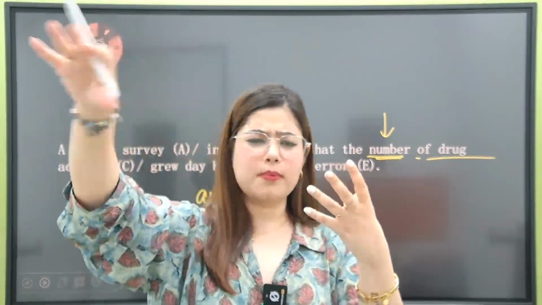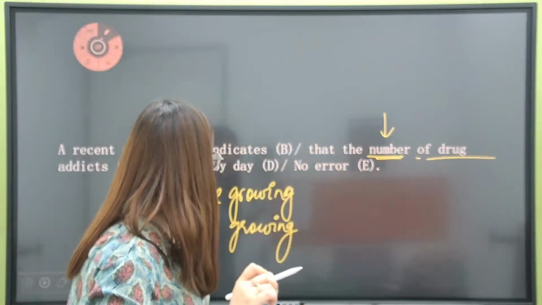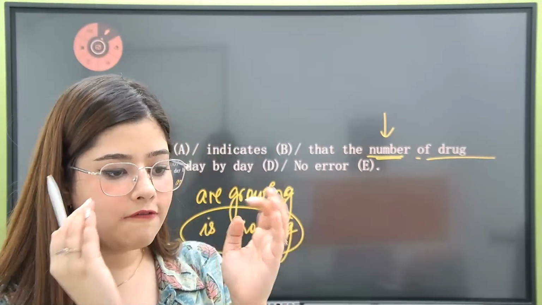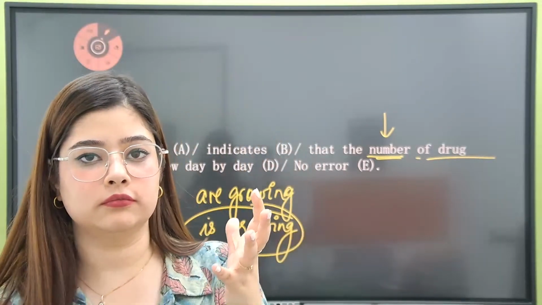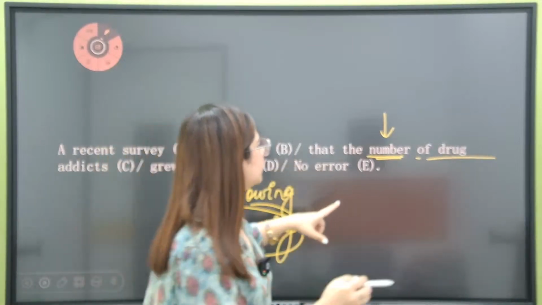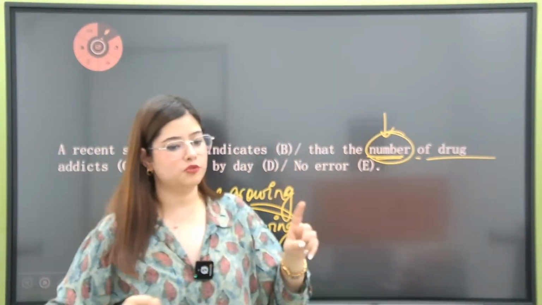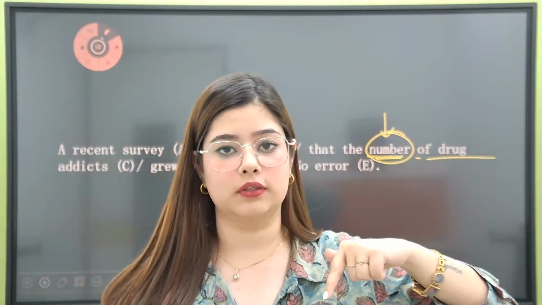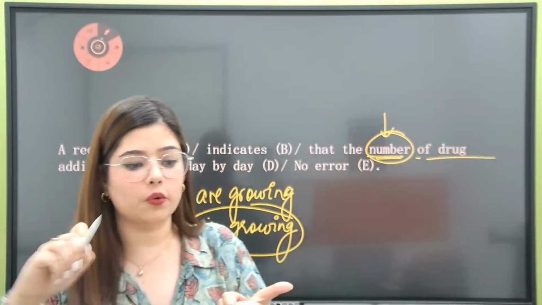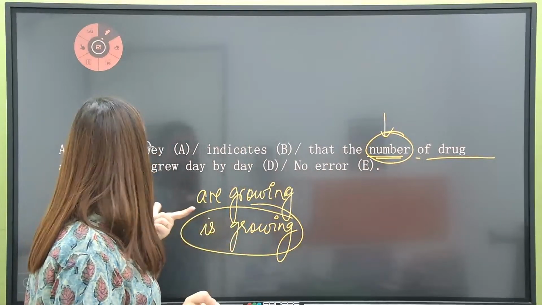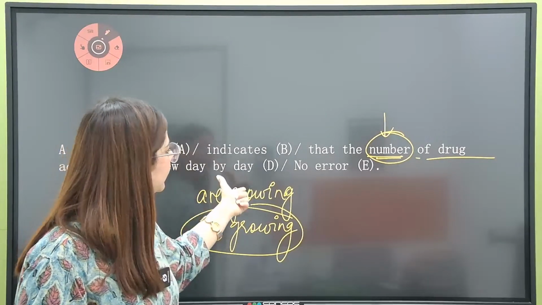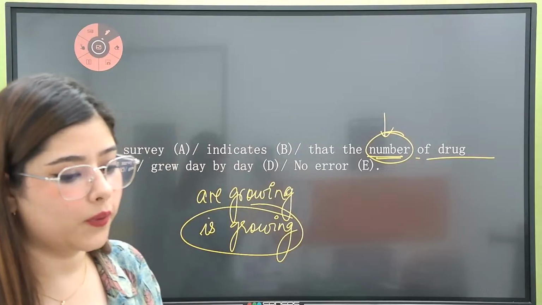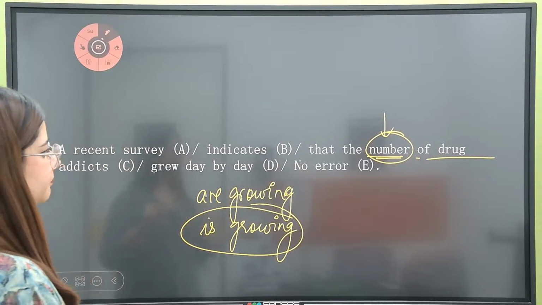Number of followed by plural also takes is growing. Here the number is your subject, because what is growing? The number is growing. So, a recent survey indicates that the number of drug addicts is growing day by day.